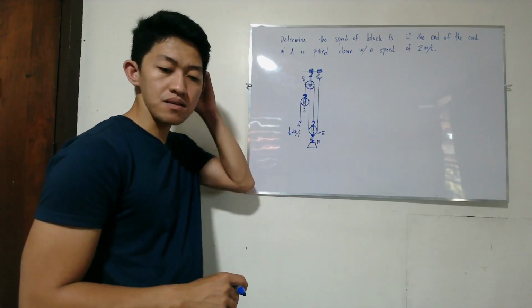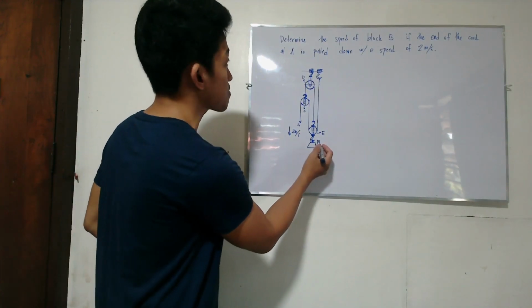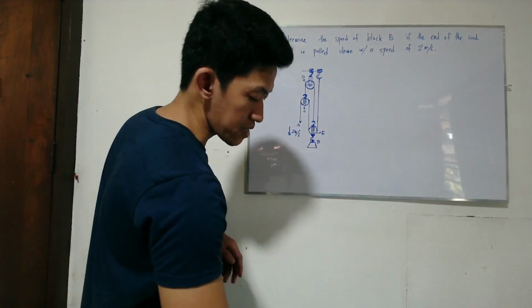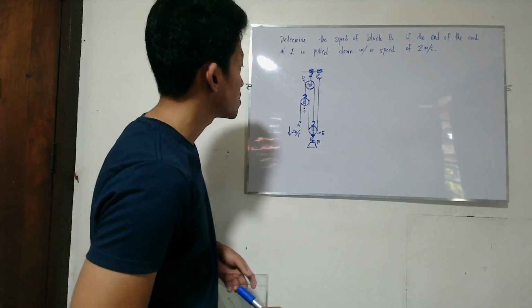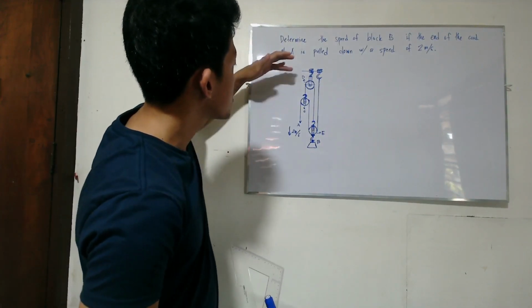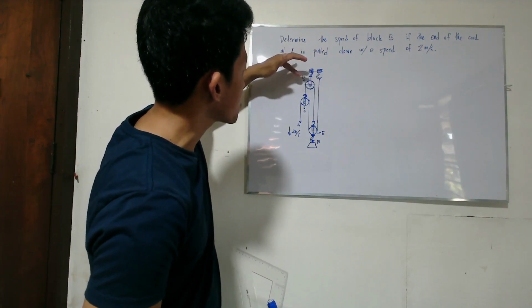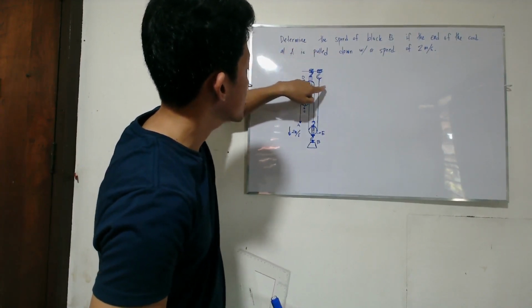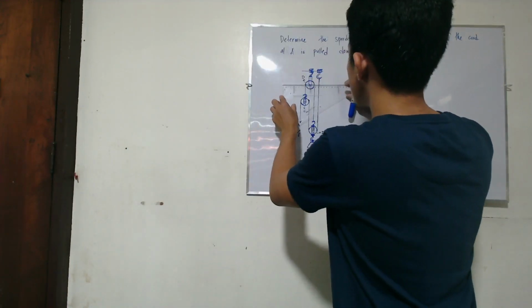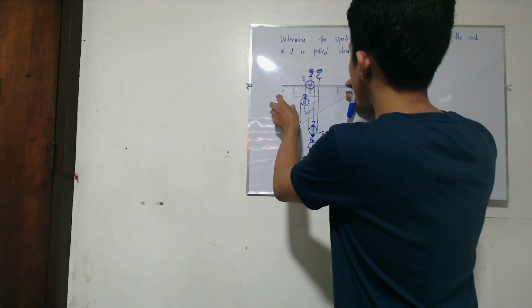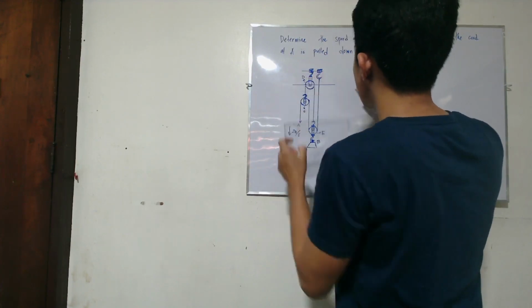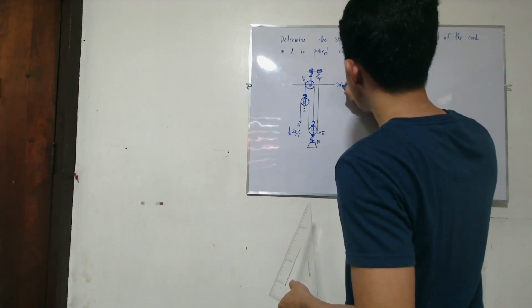So we are asked to determine the speed of block B. First, let us establish our datum. The possible datum is here, and since this one is fixed, this is our datum.